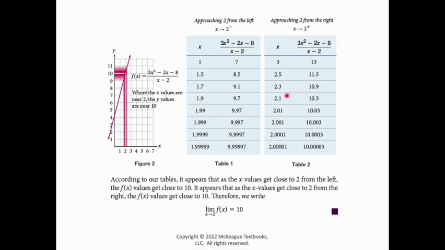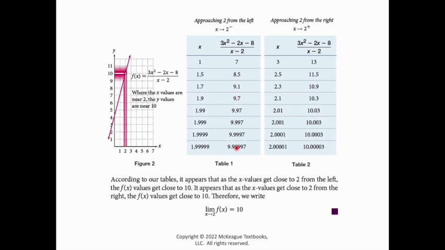Coming from the other side, we want to pick numbers that are bigger than 2, but getting closer to 2. So this table starts with 3, and it gets closer and closer to 2. The closest value we have here is 2.00001. Coming from the right, we are also approaching 10, just from a different side.